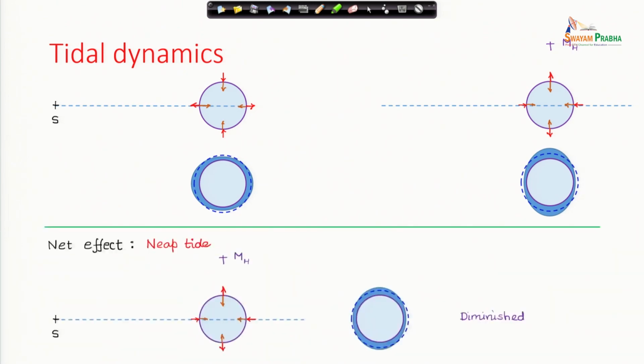Therefore, the net effect is diminished because the moon is more dominating. Therefore, the tidal bulge is more towards the moon direction. When the sun and moon effects are taken together, we have the neap tide when the sun and moon are at 90 degrees with respect to the earth.